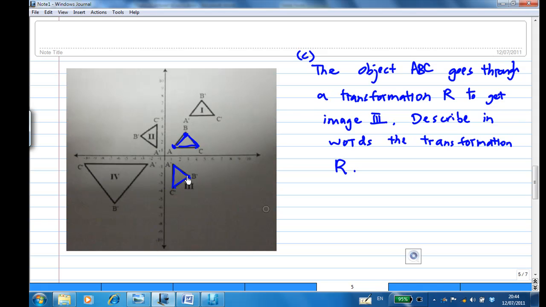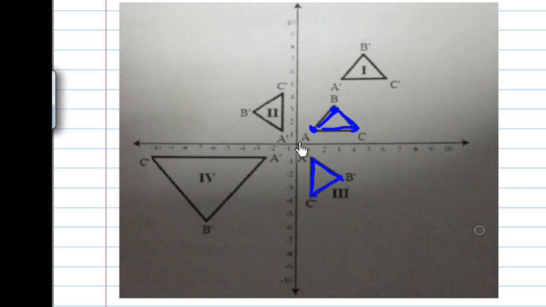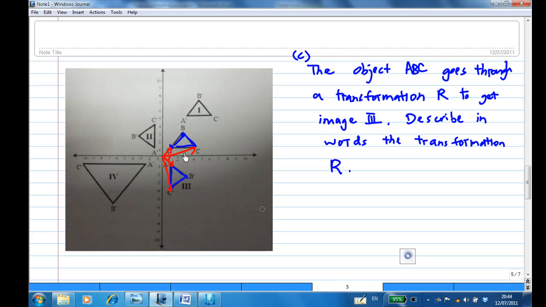Describe the inverse transformation. You can see for yourself that this is again a rotation of 90 degrees. For example, C rotate 90 degrees to C prime. So this R is a rotation 90 degrees clockwise about origin.